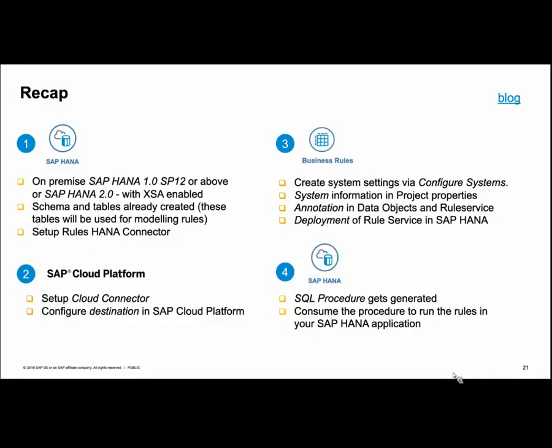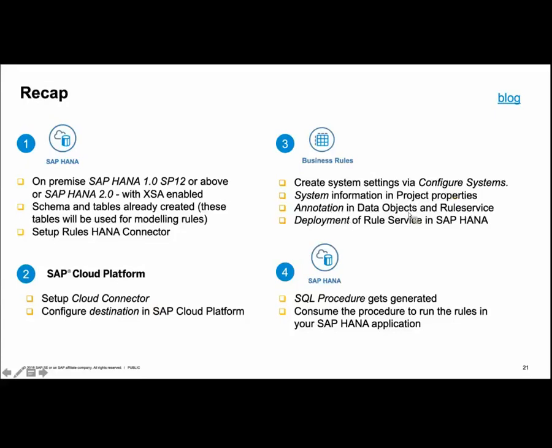For the exercise that I showed you, your schemas and tables should already be created. As part of the SAP Cloud Platform, you have to set up a cloud connector because the communication has to happen between the cloud and the on-premise system. Then the destination has to be created, which is then used to configure the system in the business rules.